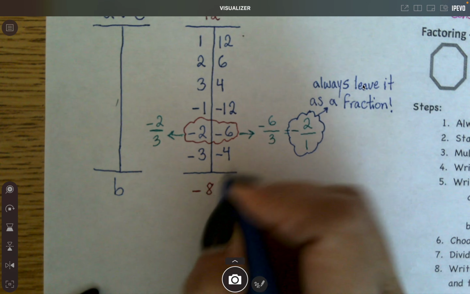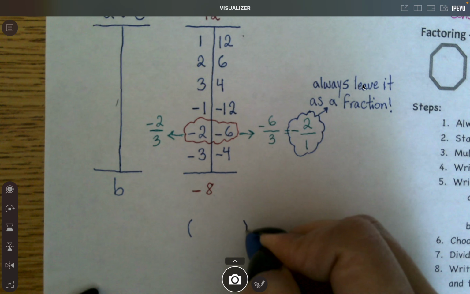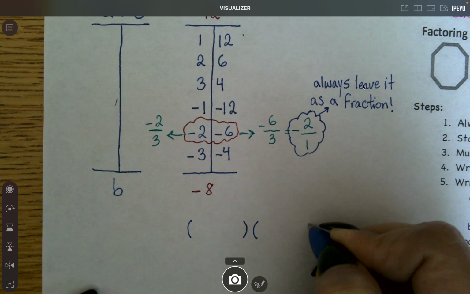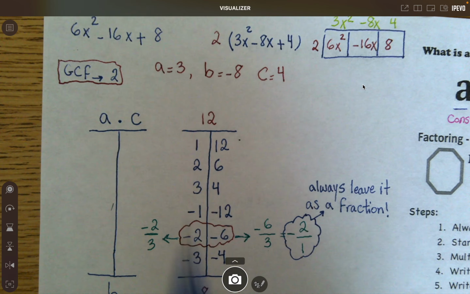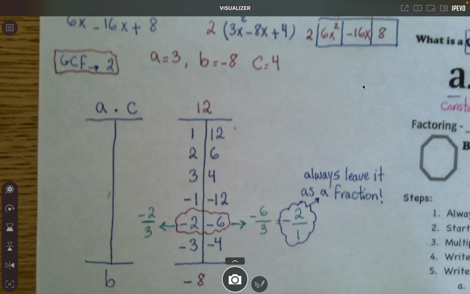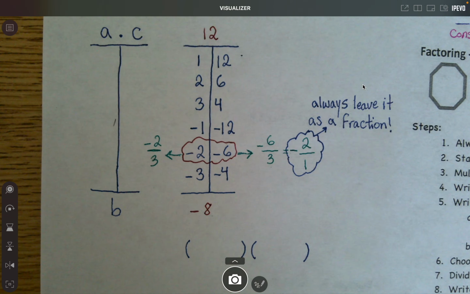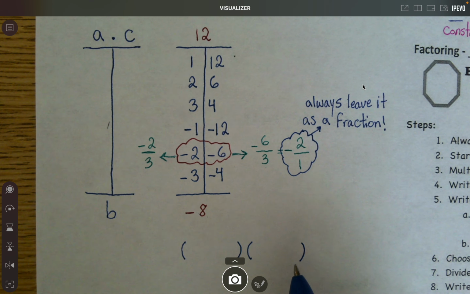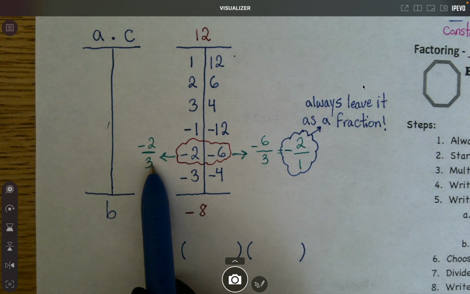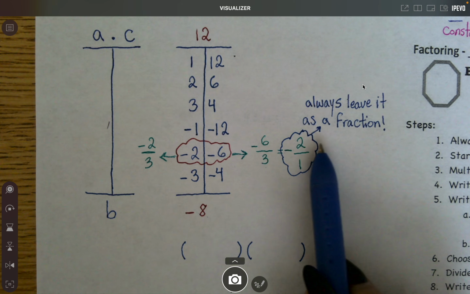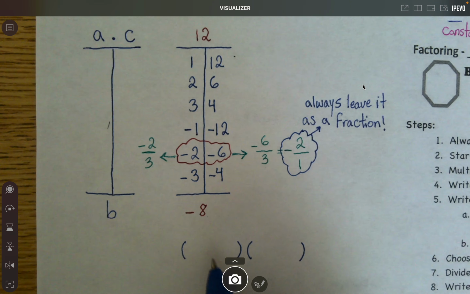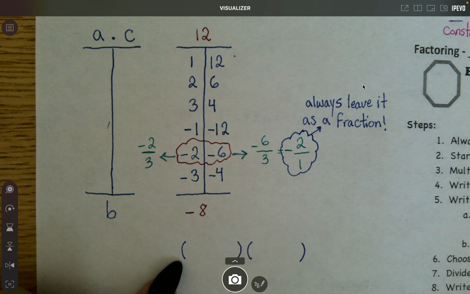We're going to say we have two parentheses that multiplied give us this. So this one goes before and this one goes after. It says bottom number goes in front of x and top number after the x.